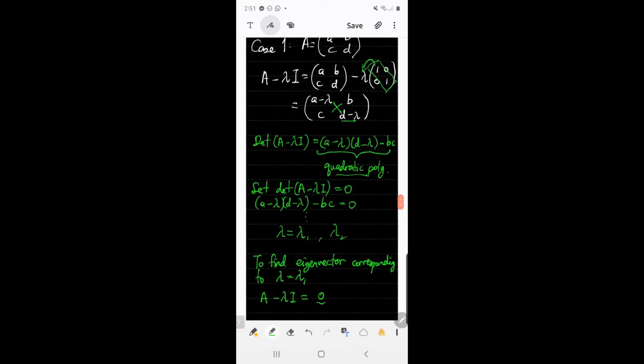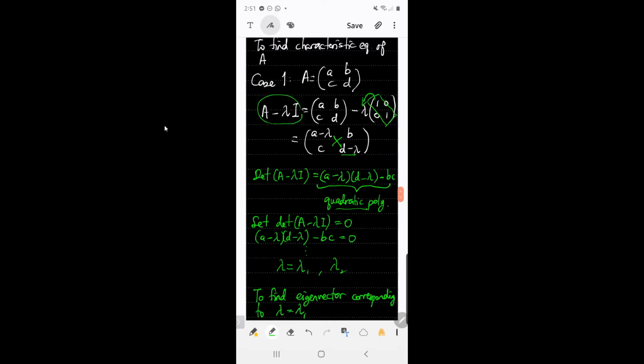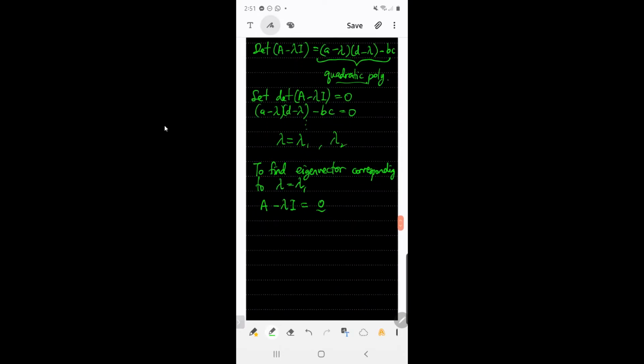Because we use this one, right? A minus lambda I. So you are going to sub in the lambda 1 value. So you have A minus lambda 1 value, this is B, this is C, this is D minus the lambda 1 value that you found. Then you multiply by the X, Y. And this will give you 0 vector.